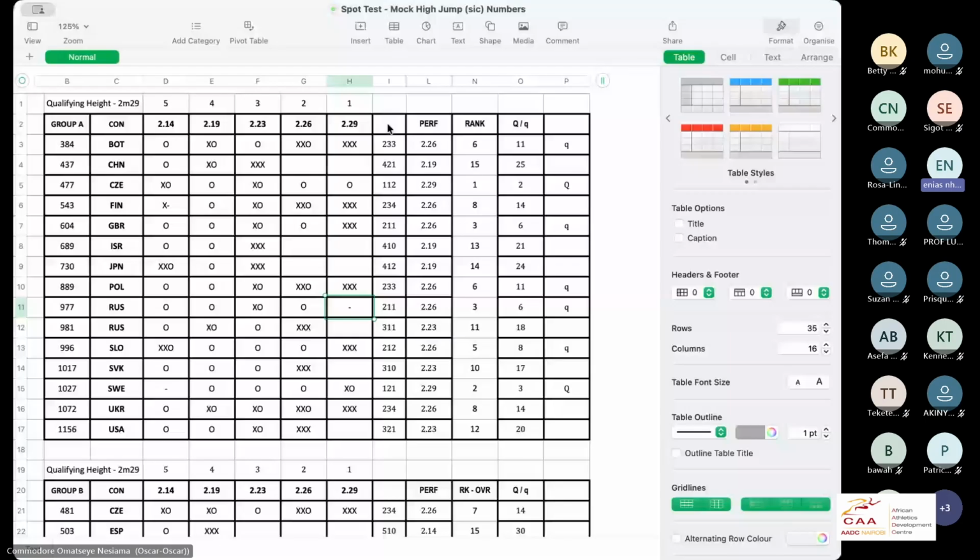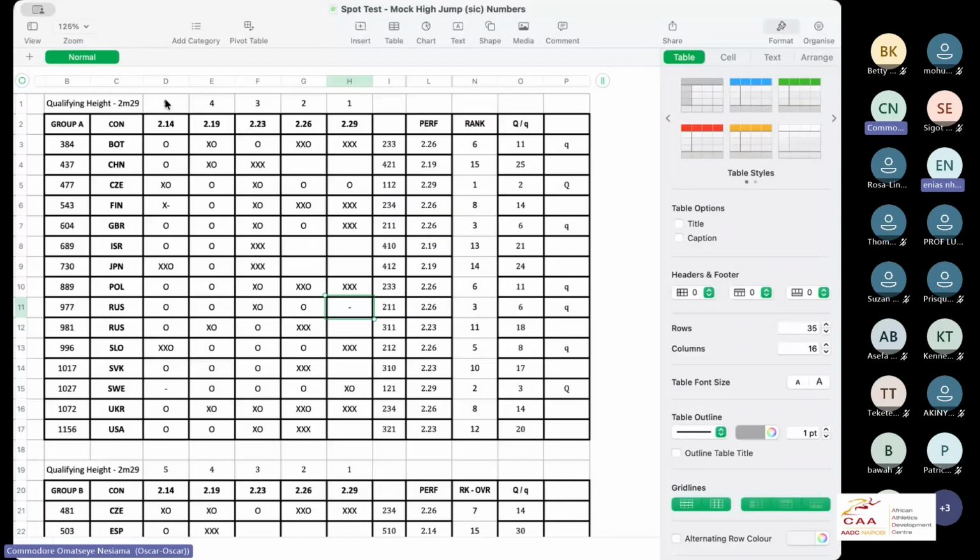And where it says last, that's where I put the attempts at the last cleared height. And where it says miss, that's where I put the failures. It's just what you were doing. It's okay, yes. For the original sheet, that's how it is, but this is slightly different. I agree with you. It's one and the same thing.